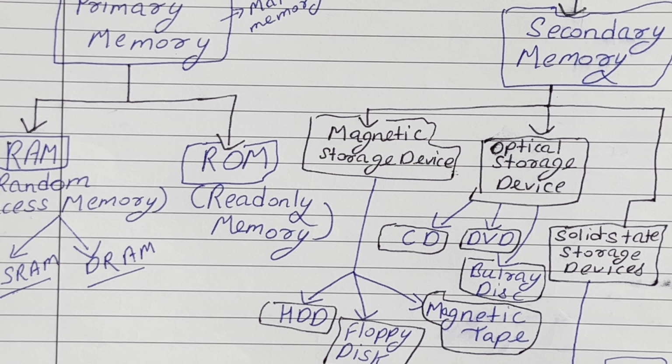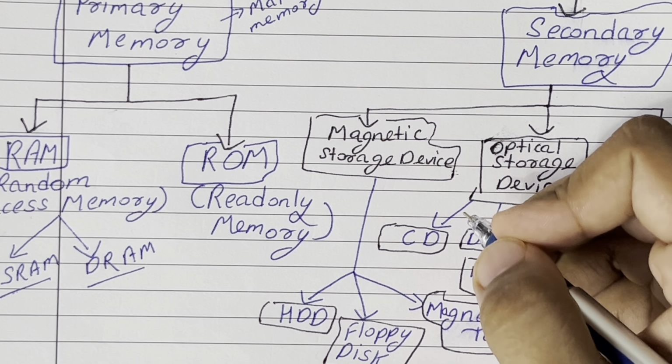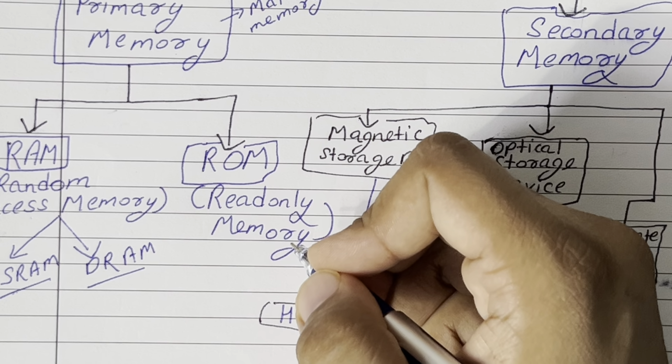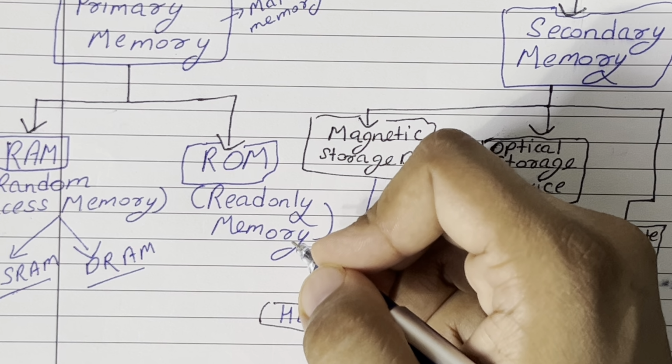So we should know why it is called read-only memory. The name read-only memory comes from its original design and purpose. During normal operation, the processor mainly reads the instructions stored in the memory to perform the essential system functions.